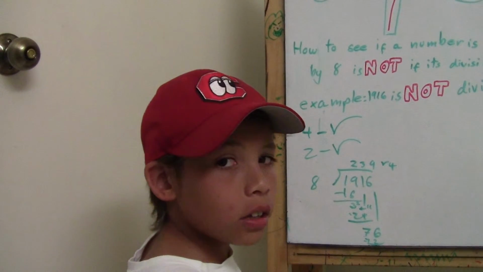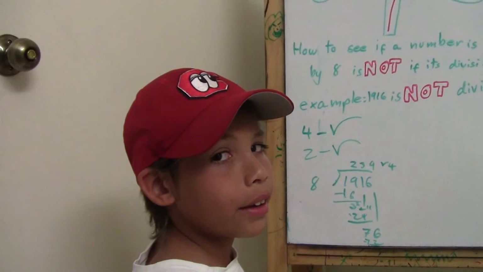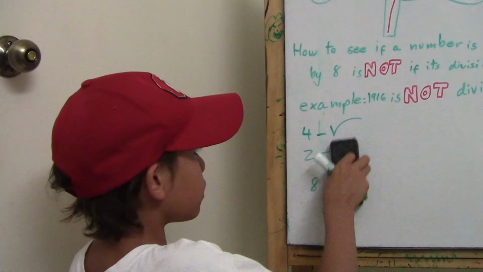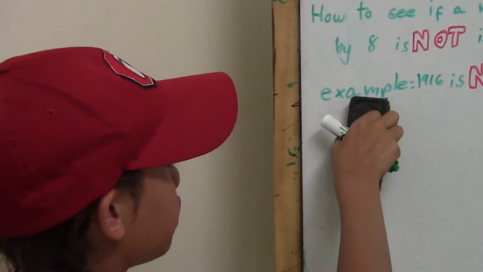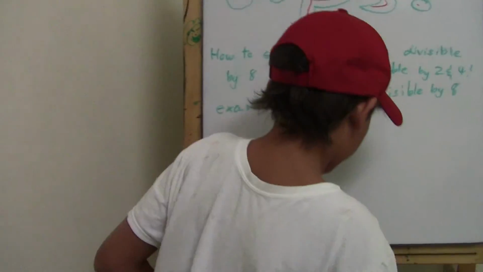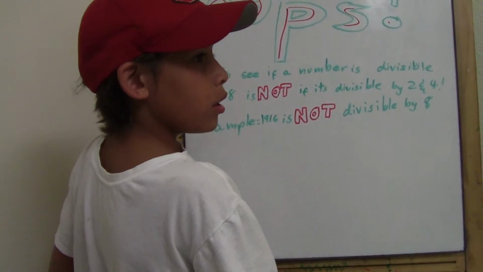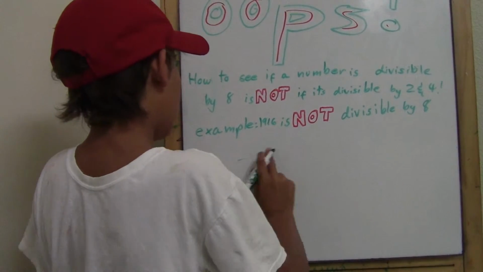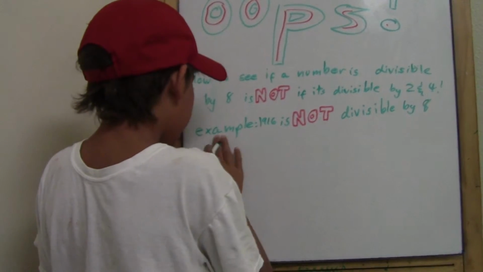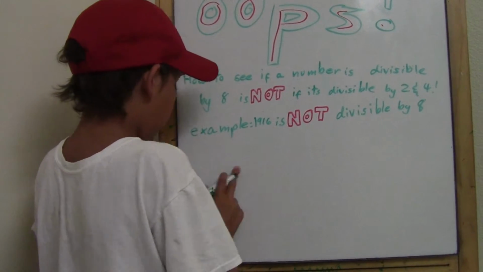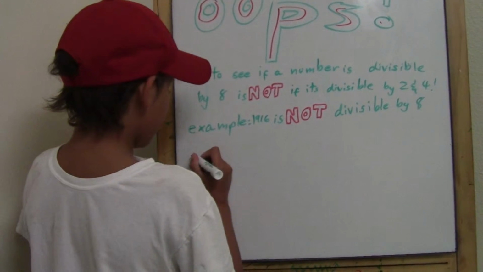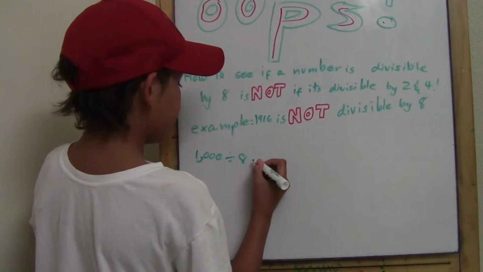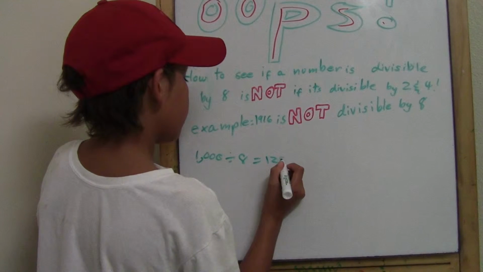Well, luckily, there is actually still a way to figure it out. By looking all through where I could, I found that 1,000 is divisible by 8. 8 goes into 1,000 125 times.